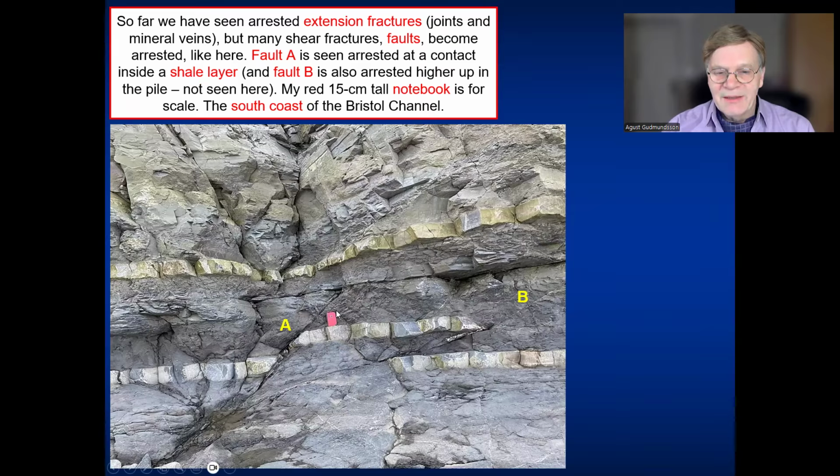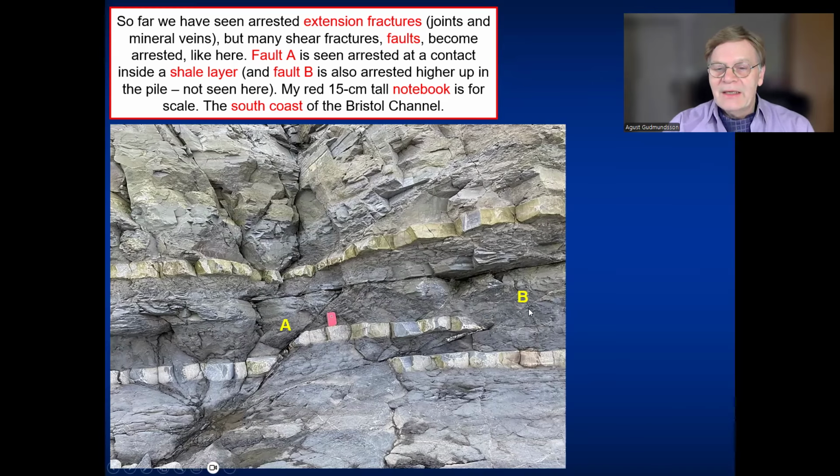You see my geological notebook here, which is around 15 centimeters in height, as a scale. And you see this beautifully clear small fault goes through this limestone layer, goes into the shale, and then becomes arrested at a contact again inside the shale. So it becomes arrested here, deflected into this contact.